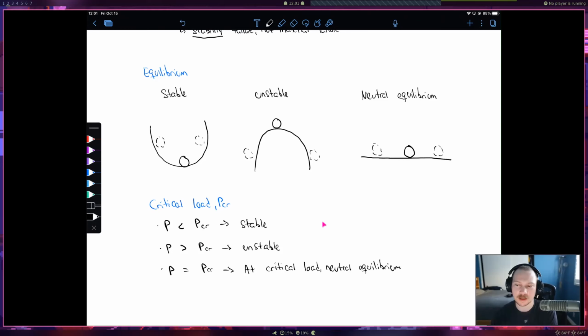So that's indicating that that was the last load or stress that the column could withstand. And anything right after that, it failed. And so what you'll see is once we're doing the lab, we're going to apply load, and you'll see that all of a sudden it can't take any more load, and that's when you've reached this critical load.